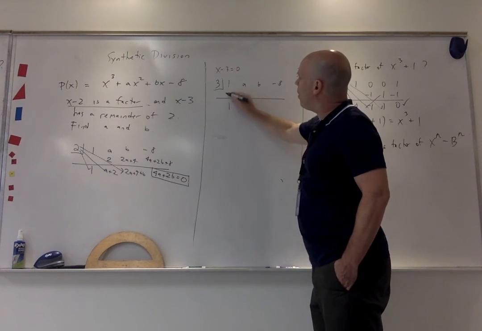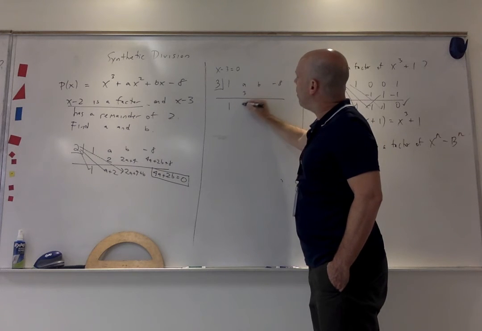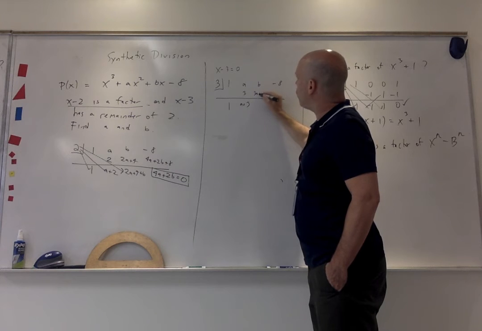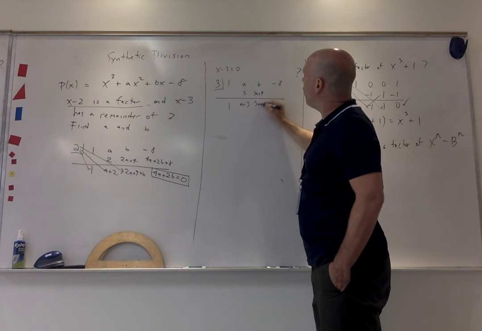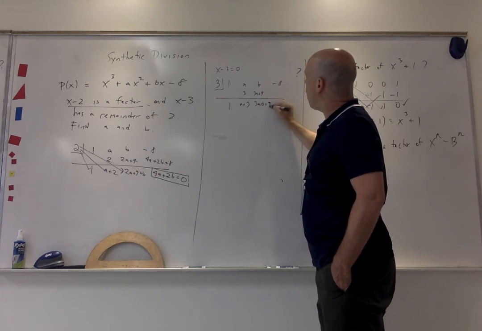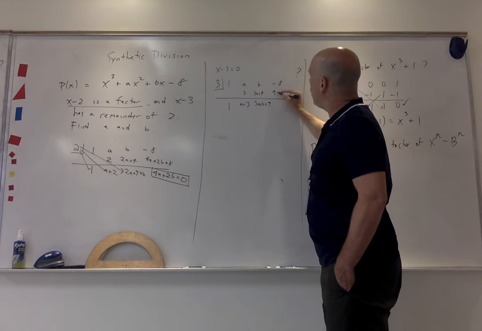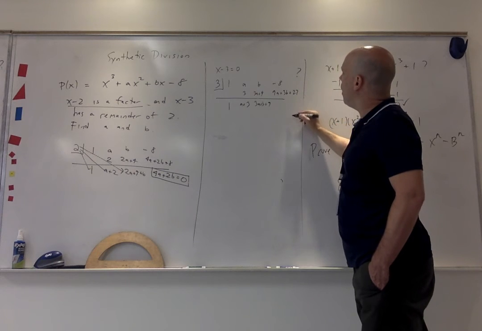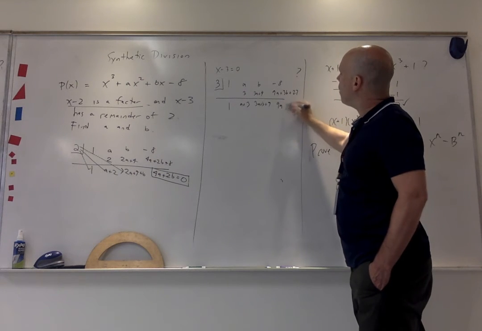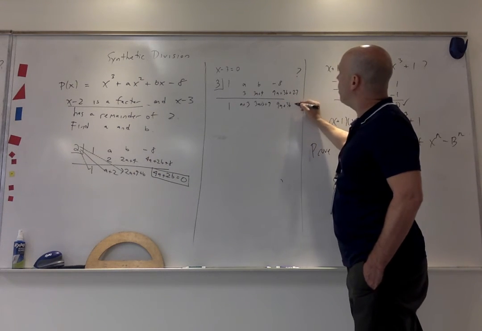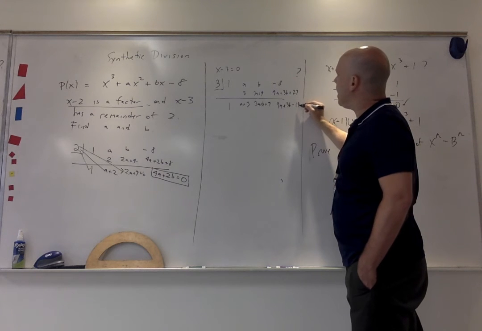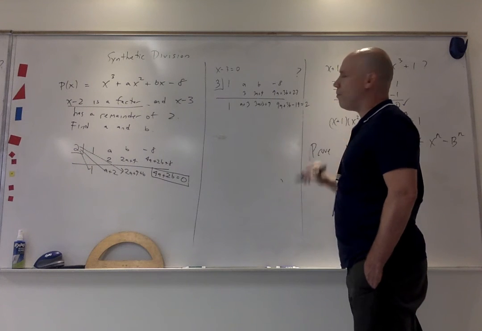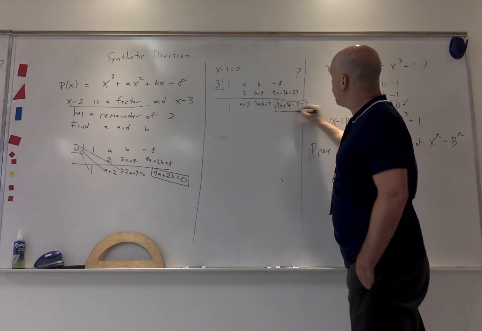Bring down the 1, 3 times 1 is 3, a plus 3. 3 times that, 3a plus 9, 3a plus b plus 9, multiply by 3, 9a plus 3b plus 27. We have 9a plus 3b minus 19 equals, what are we told as the remainder? 2. We have our second equation in the system.